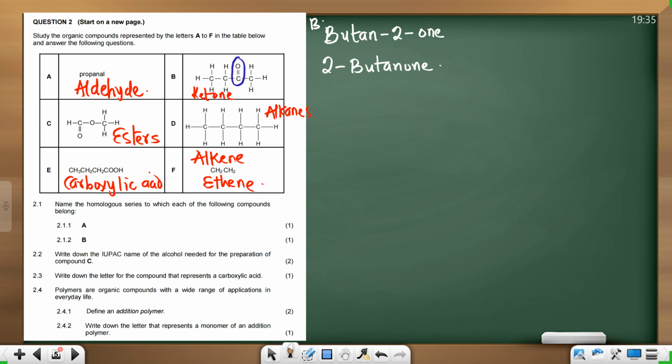I hope everybody's okay. Do you want to give me the name of C? C is an ester. Give me the name for C. What did you say? Good.